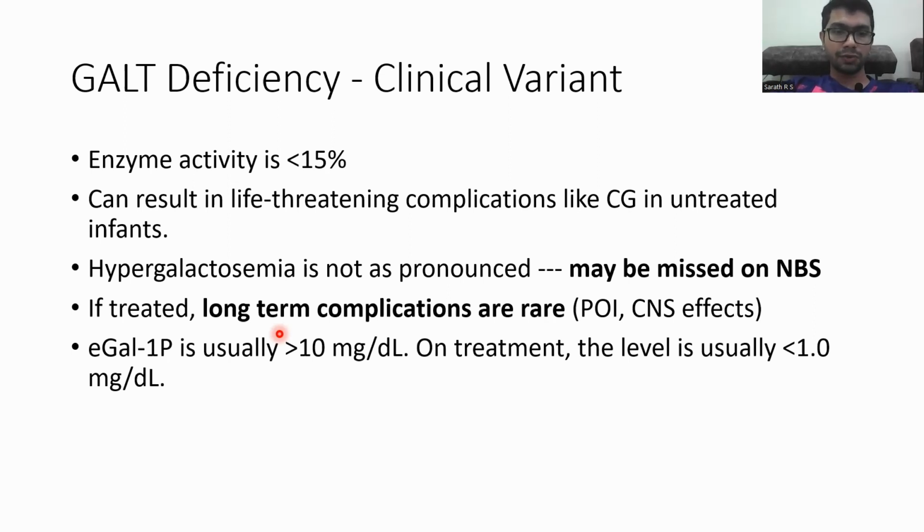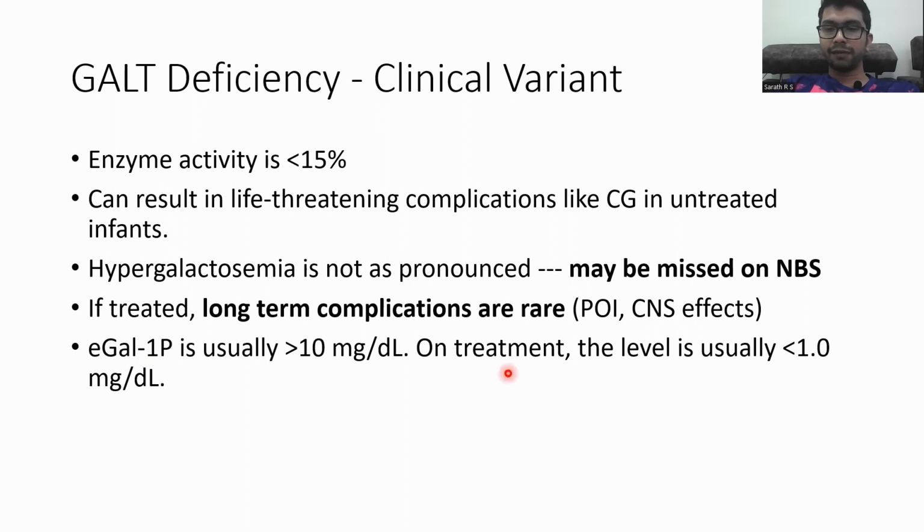Usually, the erythrocyte galactose 1 phosphate is more than 10, and once we initiate treatment, the levels will be less than 10, which is in the normal range. Which is against the findings seen in classical galactosemia. In classical galactosemia, this erythrocyte galactose 1 phosphate, despite having strict adherence, the levels will be more than 1, will be between 3 to 5.